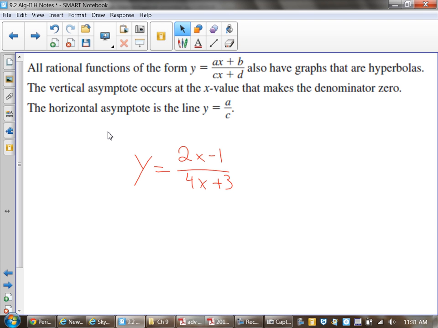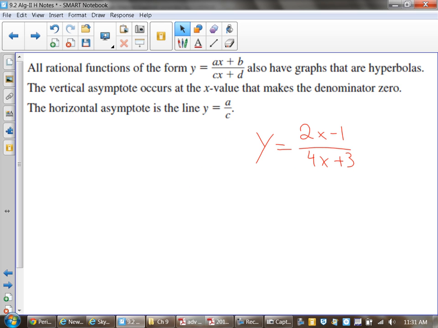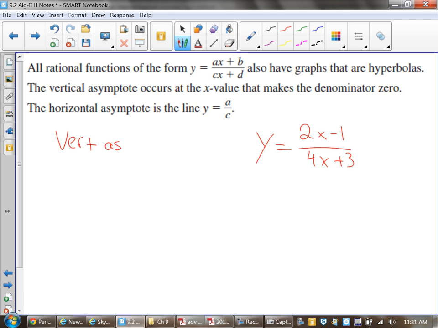All right? So it'll be easy enough for you guys to decipher which one of these formulas I'm going to use. So here we have vertical and horizontal asymptotes again. Your vertical asymptote, I'll use this as our example, is always the 0 of the denominator.